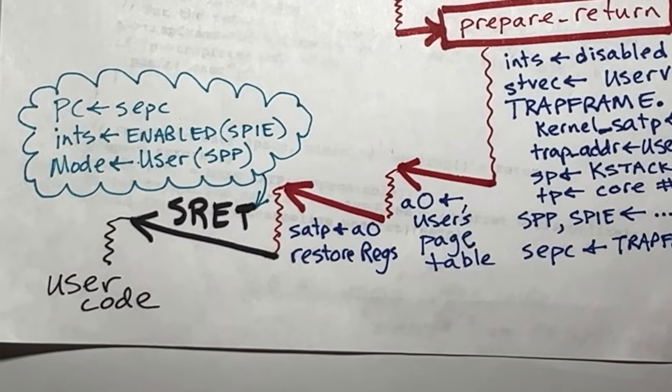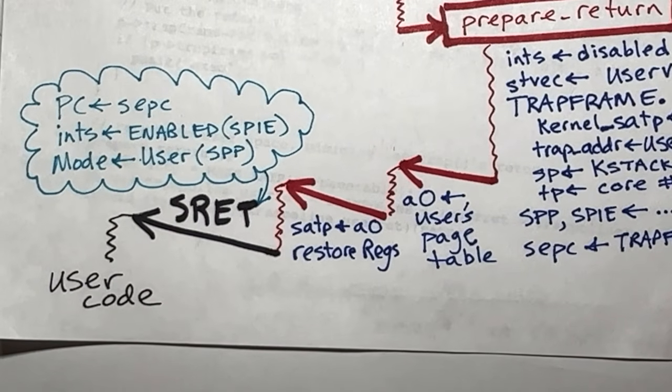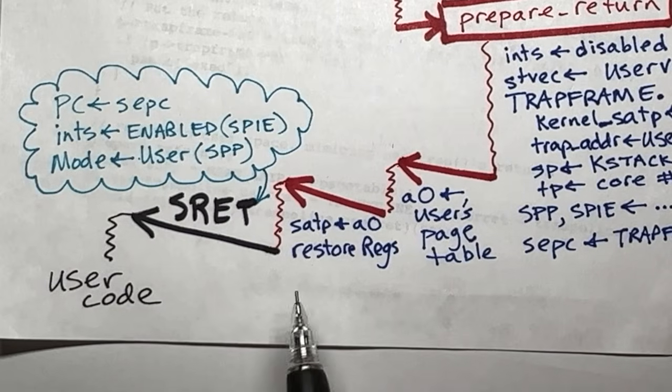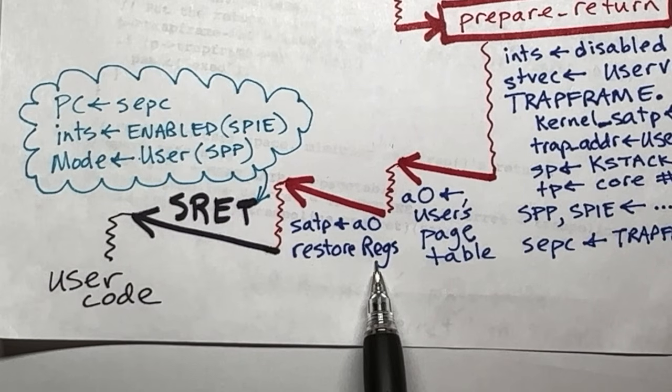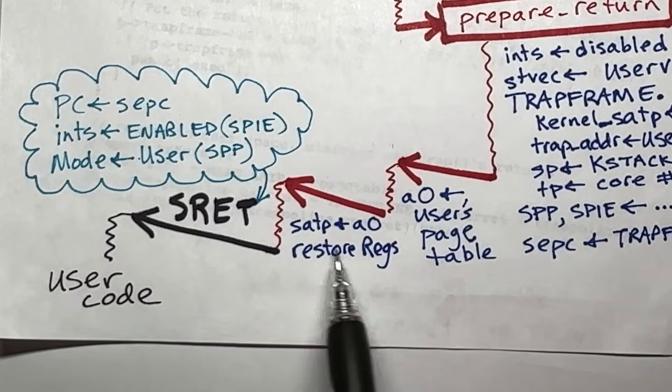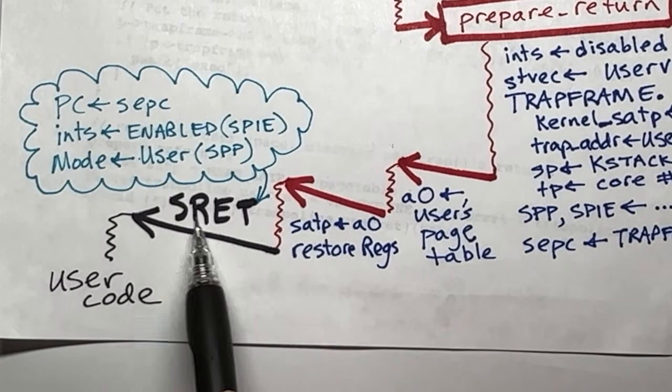Well, I suppose they are being restored, but to what was saved when the parent originally made the fork system call, and they were saved as part of the system call trap in that process. But in any case, they're being loaded with values from the trap frame, which in this case will be their initial values. Finally, the assembly code executes the sret instruction.